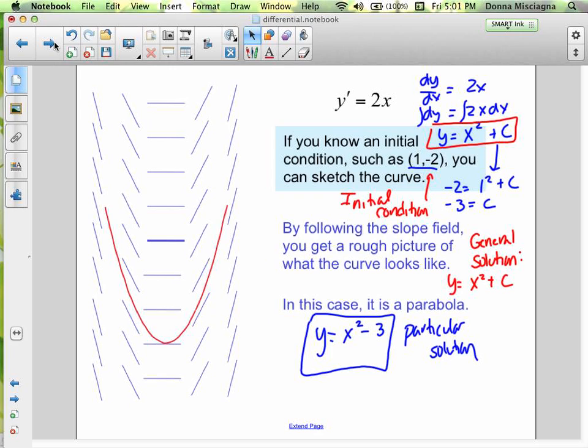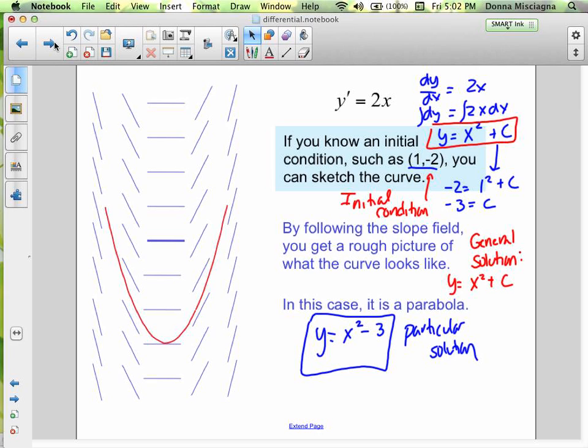If we know an additional condition, such as (1, negative 2), then we could sketch the curve. The red curve that's drawn in there is for (1, negative 2). Excuse me, it's negative 3. I have to plug in for x and y and solve for c.